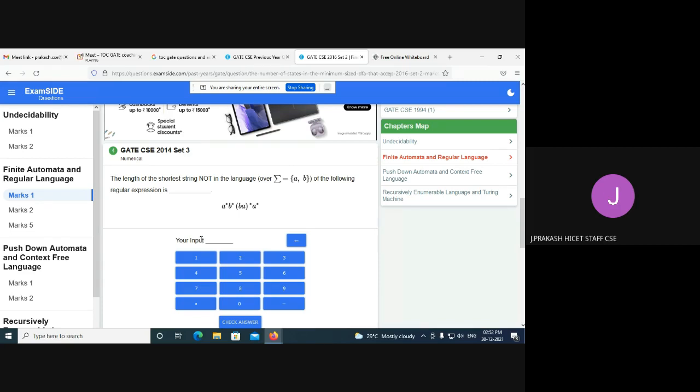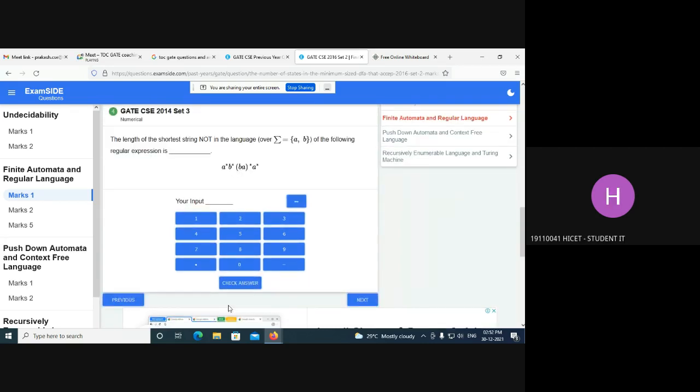The length of the shortest string not in the language over {a, b} of the following regular expression is the length of the shortest string. What will be the answer? Just guess. If you don't know the answer, not an issue.